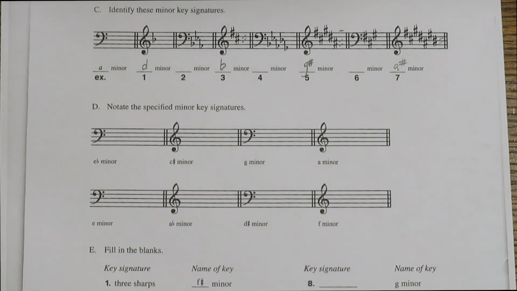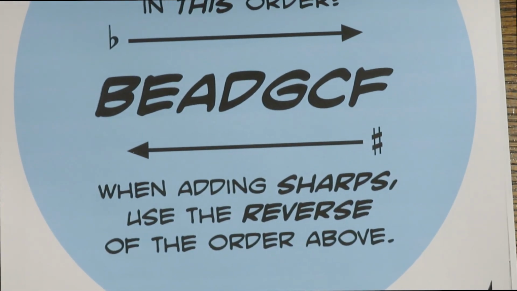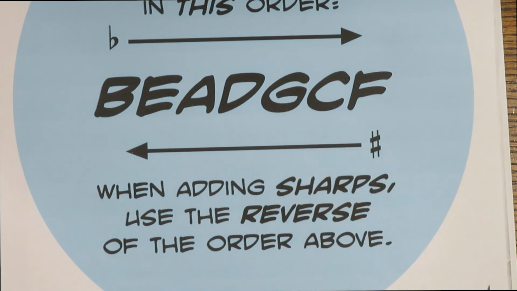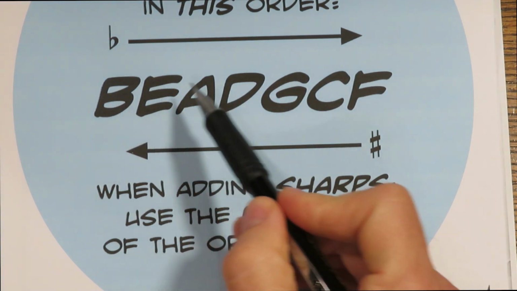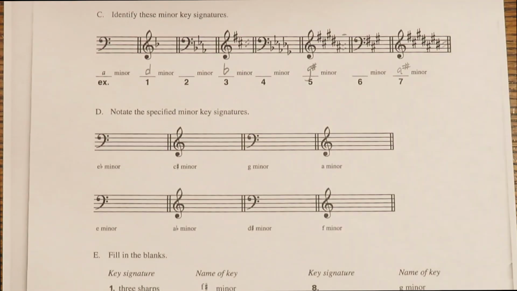So G flat major would be the relative major key. And to find out how many flats it has in it, we just go one further than our note, right? B, E, A, D, G, C. So we have 6 flats.